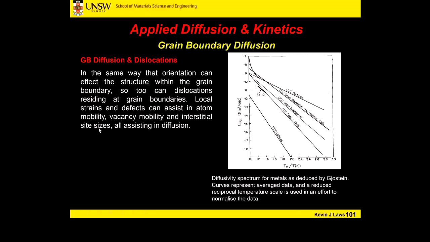Now, in the same way that crystallographic orientation can affect the structure of the grain boundary, so too can dislocations residing at grain boundaries. So local strains and defects can assist in atom mobility, vacancy mobility, and interstitial sites and sizes. This kind of ties back a little bit to our recrystallization lecture last week.